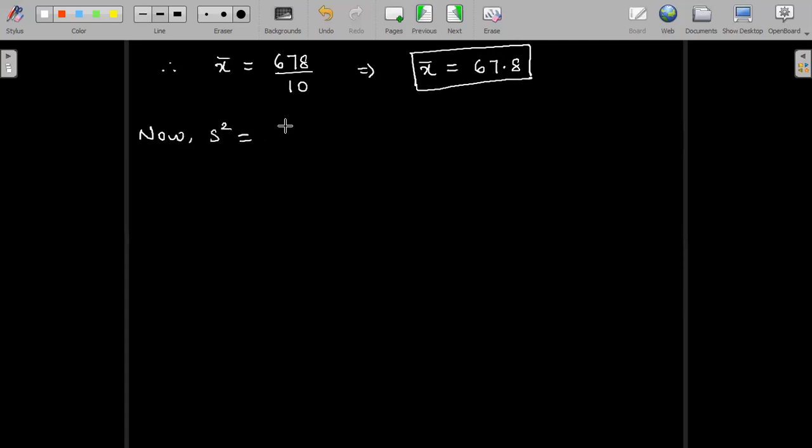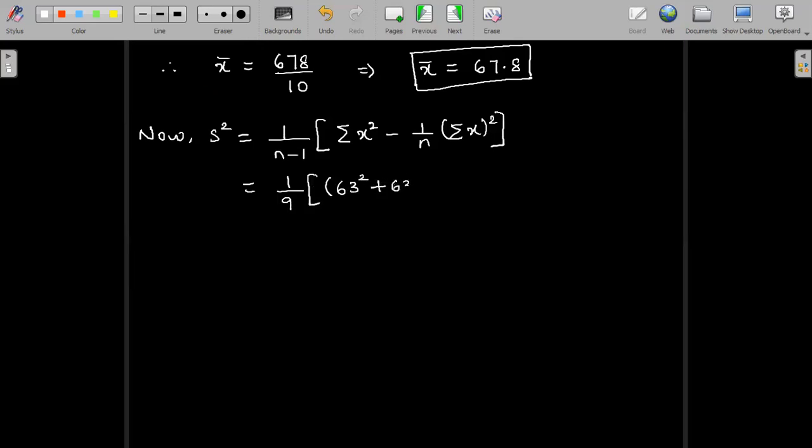So S square is given by 1 divided by n minus 1 into summation x square minus 1 by n into sum of all x whole square. So 1 divided by 9 into summation x square means we have to sum up 63 square plus 63 square etc. up to the last value, that is 71 square, minus 1 by 10 of sum of all x whole square.